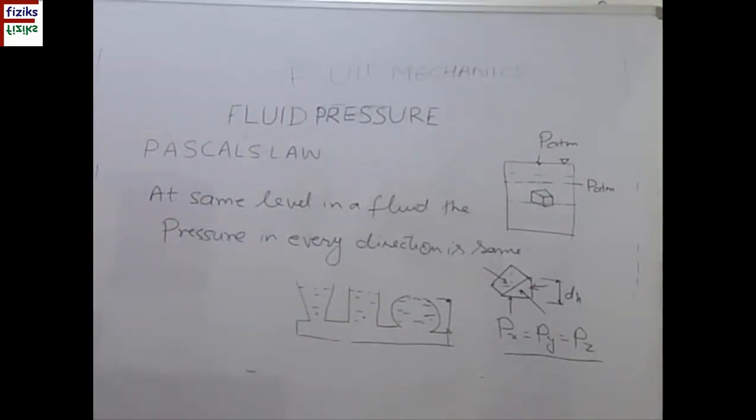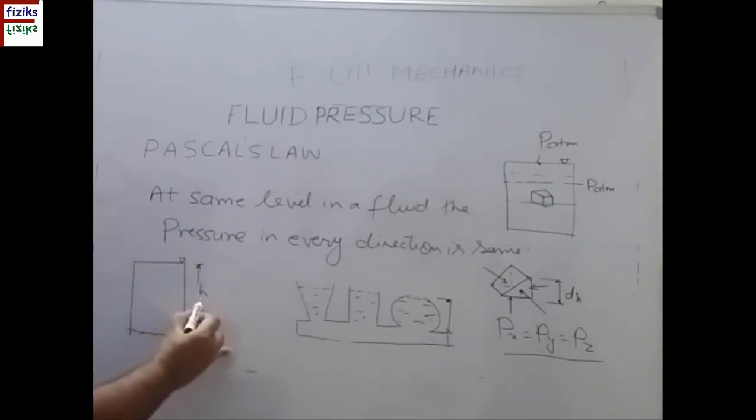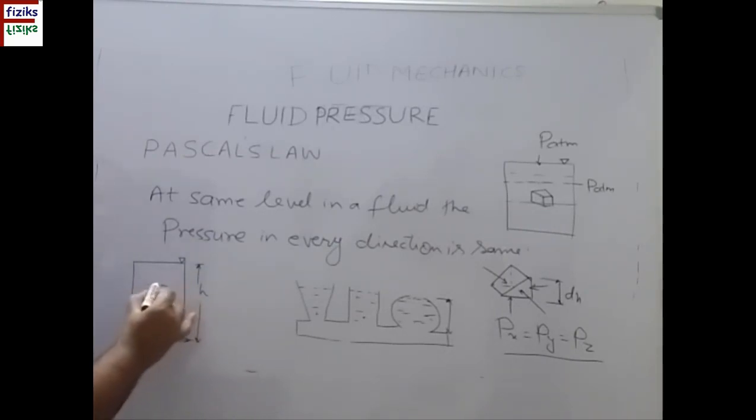Now let us discuss this Pascal's law. Suppose I have this fluid column. This is the open or atmospheric surface, and this is the base fixed, and height of this is say h. And we have a small element which is at a distance y from the free surface, and dy is its thickness.